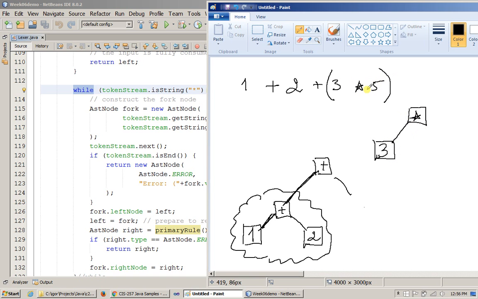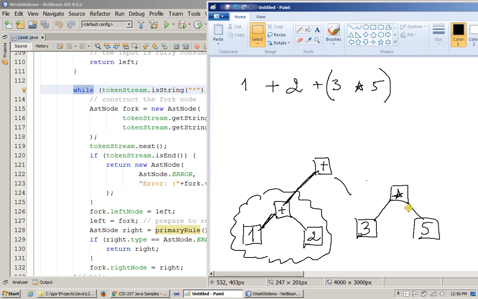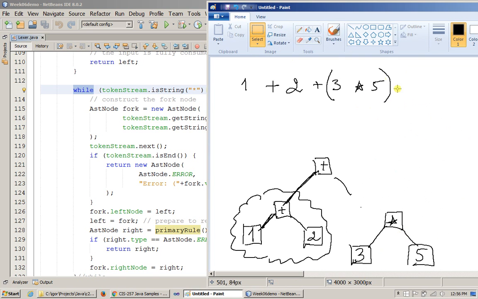Then it's going to continue with the primary and collect 5 and place it right here. And then the term will return this entire sub-expression. When that happens, this entire sub-expression will be attached to the rest of the expression. So that's why multiplication will be handled as a single unit.